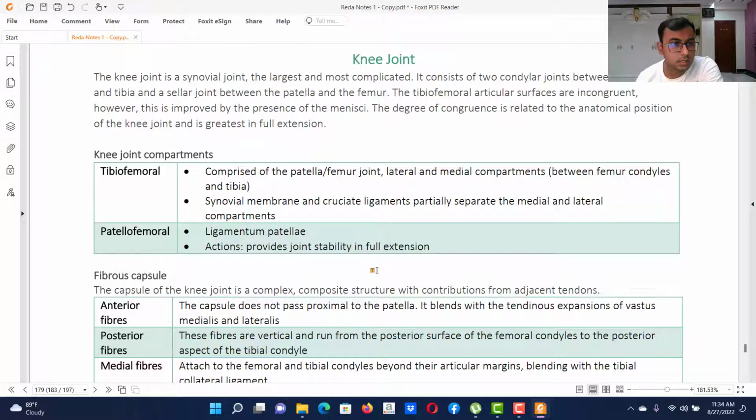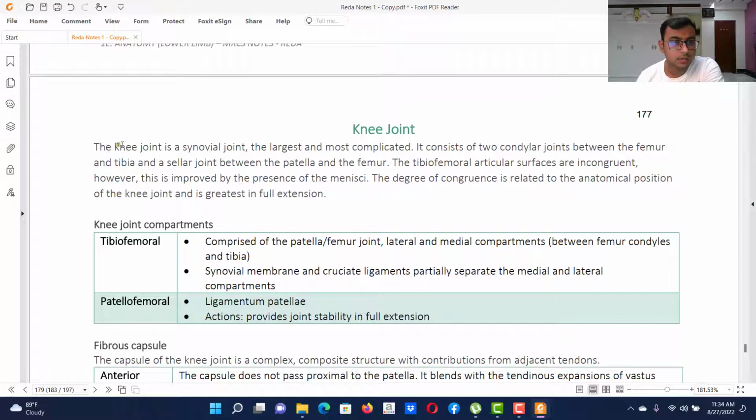Now the knee joint. The knee joint is the largest, most complicated joint. There are two condylar joints between the femur and the tibia, and the patella and the femur.